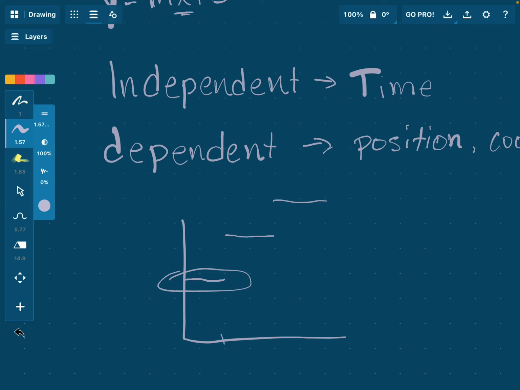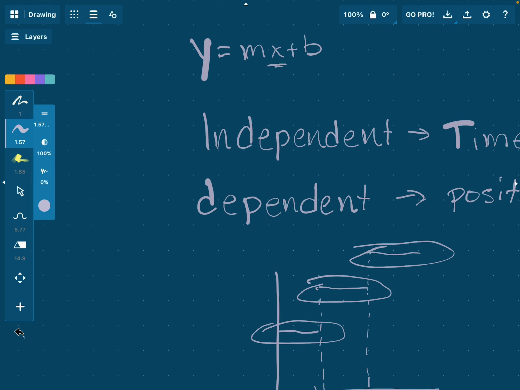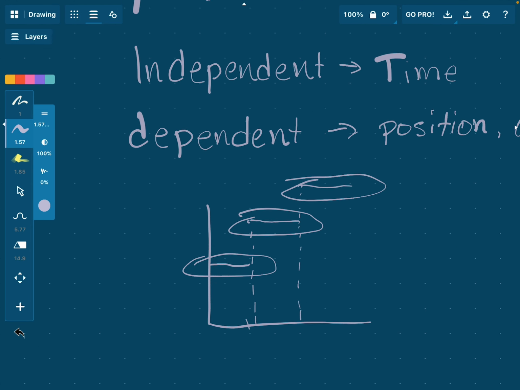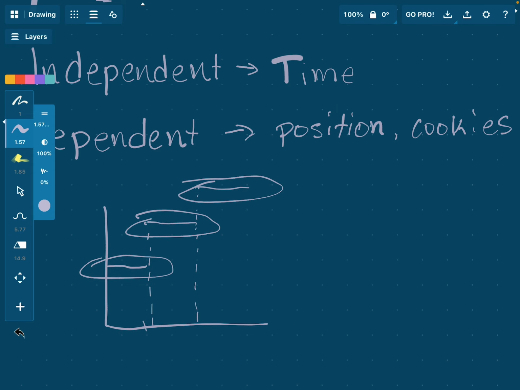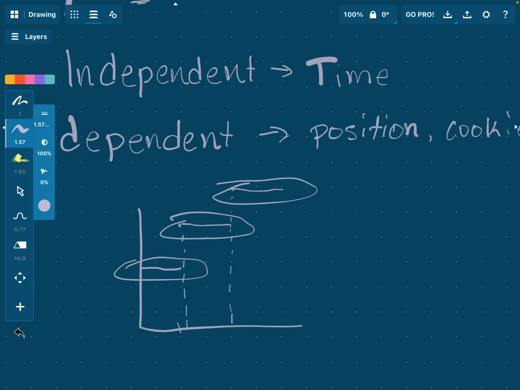It's going to stay the same until we're done with our second batch of cookies, which is going to stay the same for some amount of time until we make our third batch of cookies. So this is a step function, a different type of function, but we're still plotting a line. It's just not a continuous line anymore. So that's kind of the idea between independent and dependent variables. What depends on what? Here, our cookies depend on time.